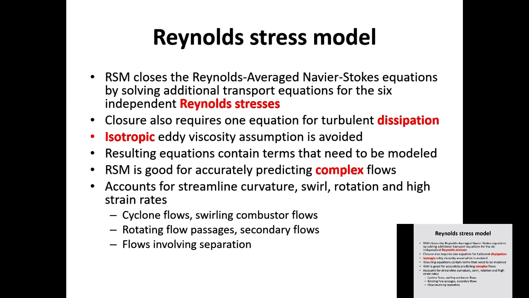So the Reynolds stress model is fairly accurate because it solves more equations, and it's good for better physics, like for cyclonic flows, swirling flows or rotating flows.